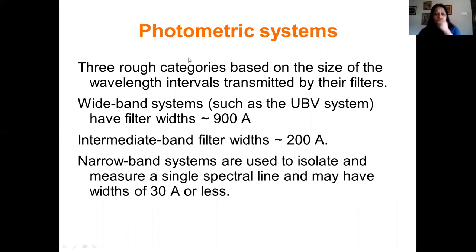Now to do this more effectively, we have what are called photometric filters or systems which are used in astronomy. So what we do is the light coming from a star, we pass it through a filter and we measure its brightness. Okay. So there are some filters which are in ultraviolet, in blue, in visible light, and we use this to basically measure.